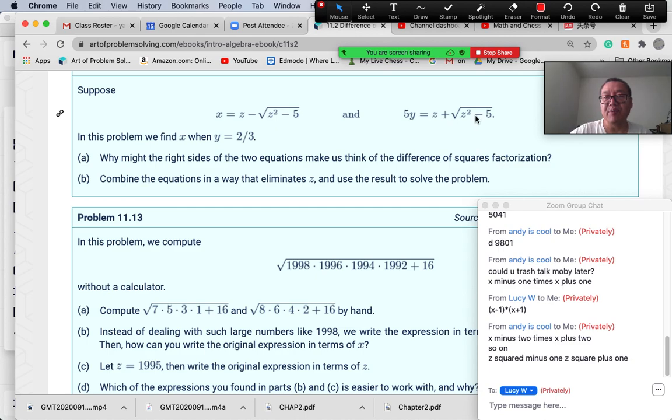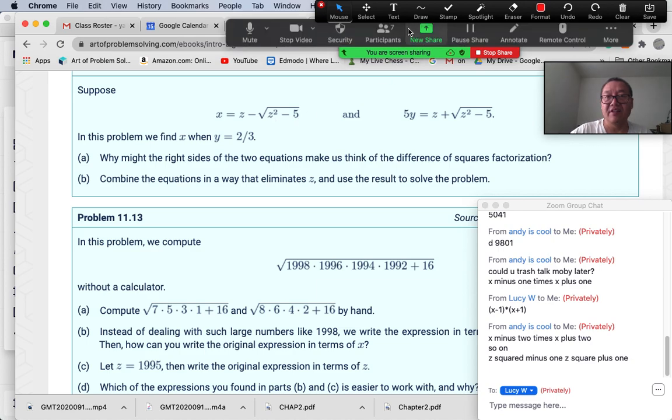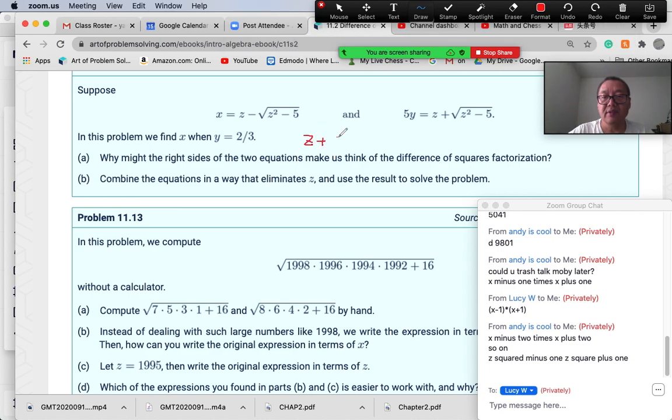So we can do z plus square root of z squared minus 5, times z minus square root of z squared minus 5. If we multiply these together, we get z squared minus (z squared minus 5).